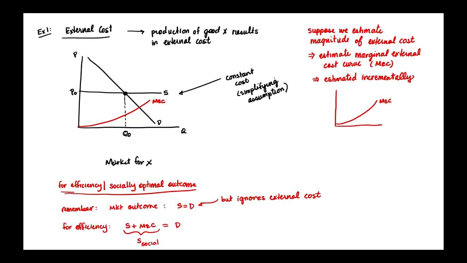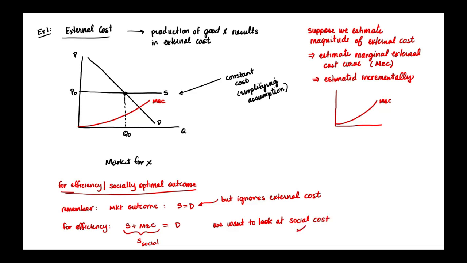Don't lose sight of what you already know. You know that when two lines intersect, that means something equals something, right? Everyone agree? All right. So basically what we're saying is we want to look at the social costs.